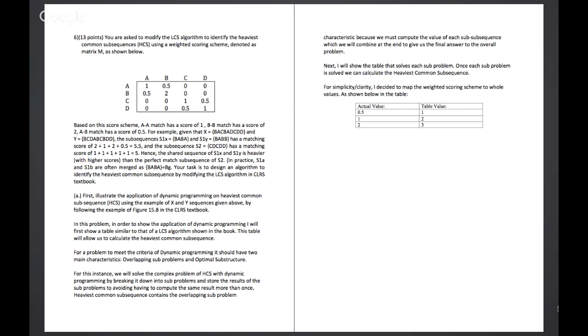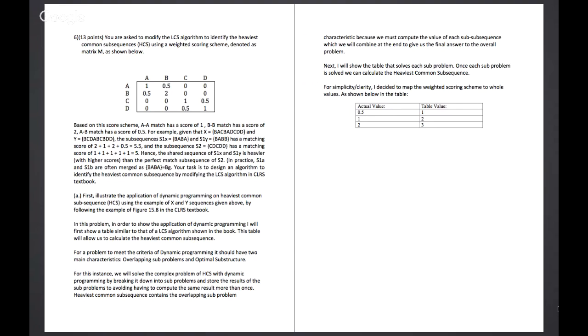I also want to just mention, for a problem to meet the criteria of dynamic programming, it should have two main characteristics. The first, which we've all heard in class, is overlapping subproblems, and the second is optimal substructure.